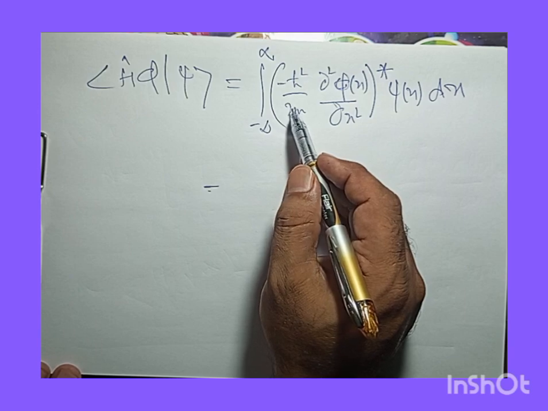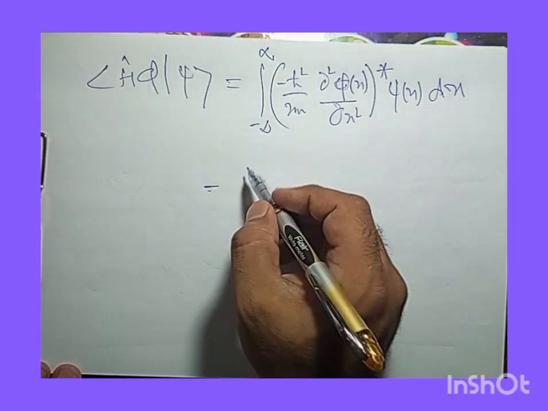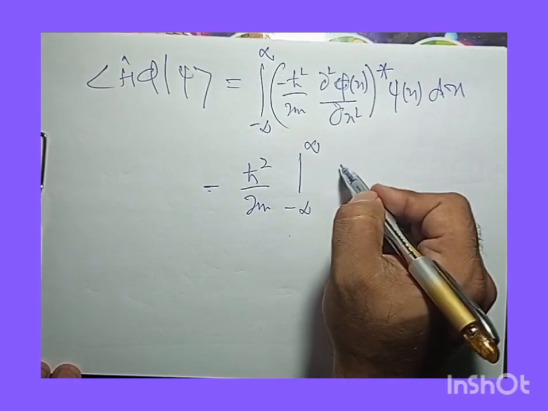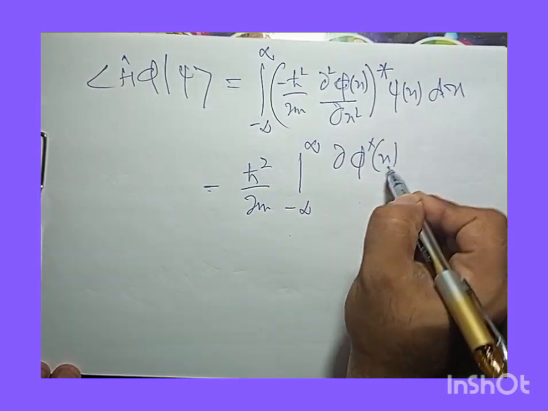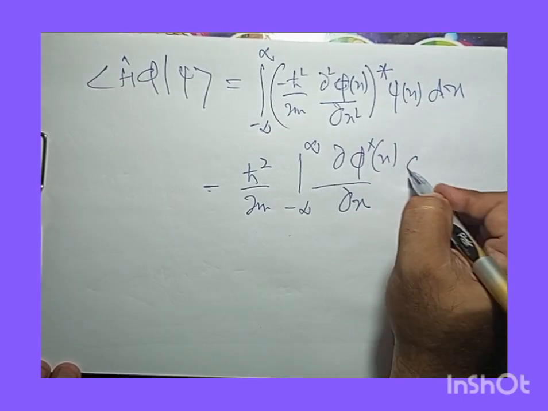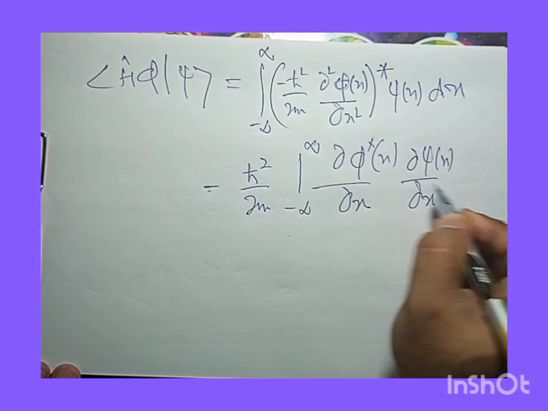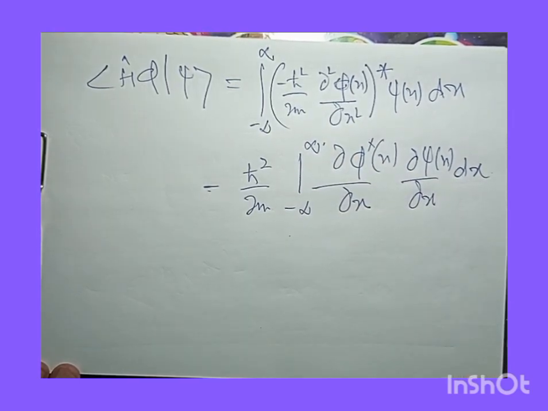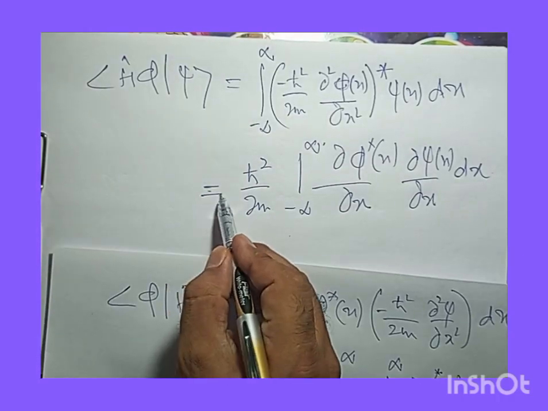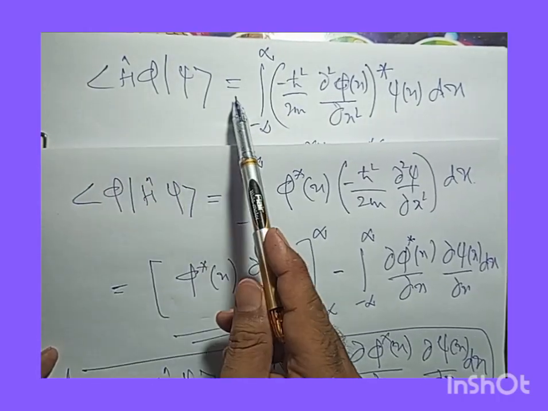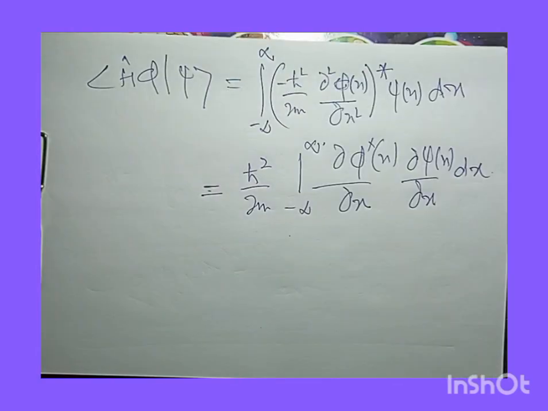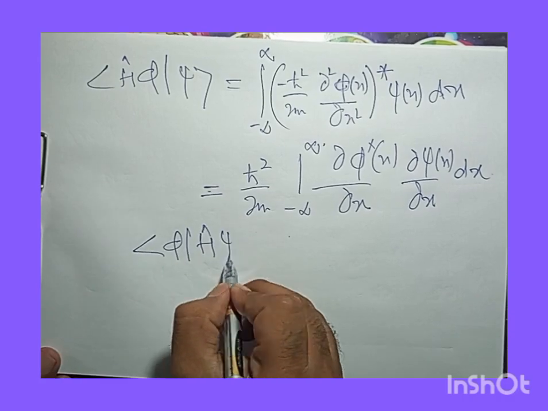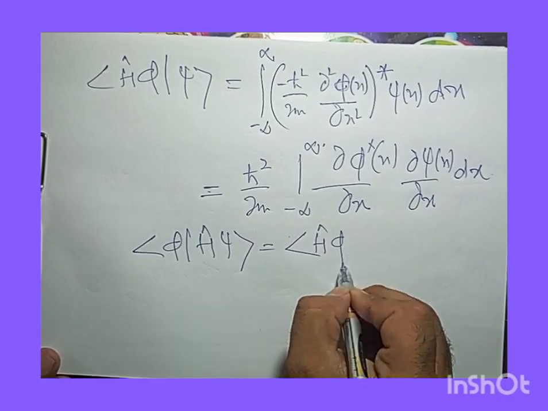So what we will obtain here is h cross squared by 2m, integral from minus infinity to infinity, dou phi star of x by dou x, dou psi of x by dou x, multiplied by dx. We can see immediately that the result for this term and this term is the same, and thus we can say that phi, H cap psi is equal to H cap phi, psi.